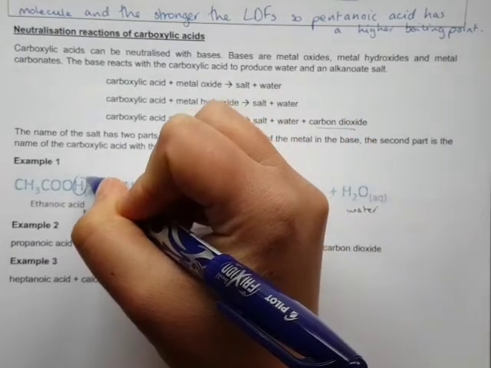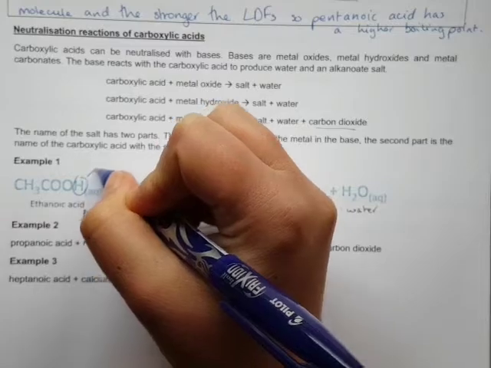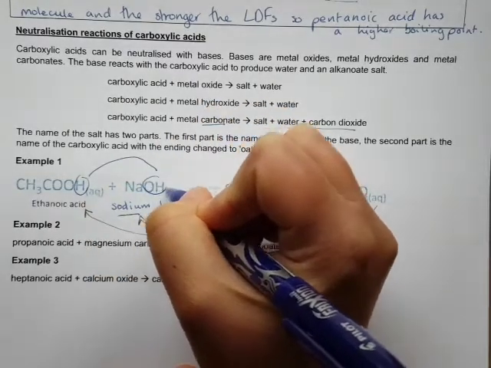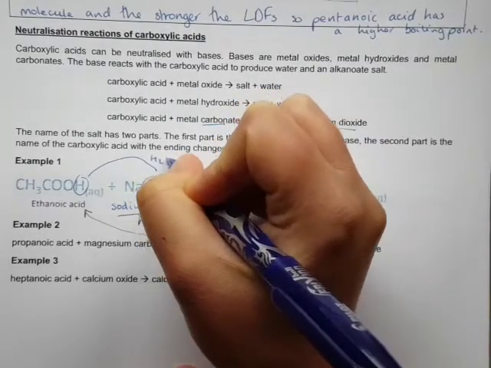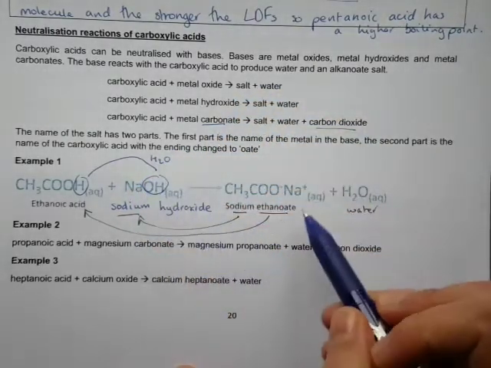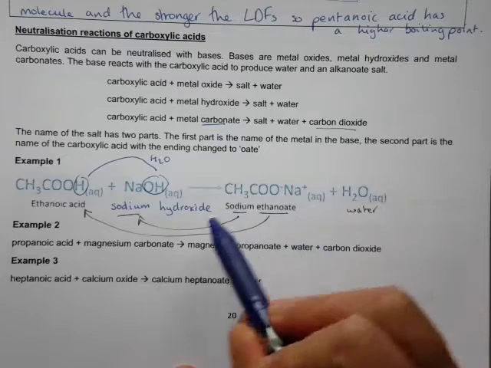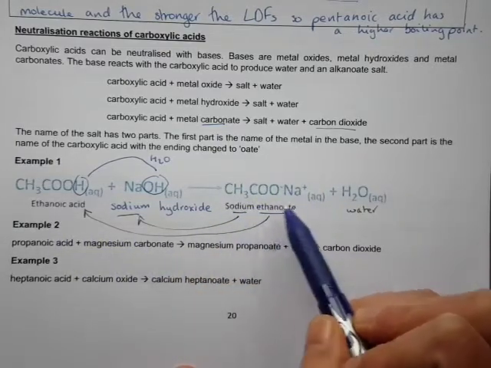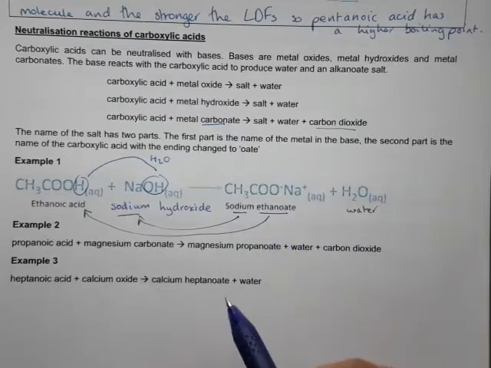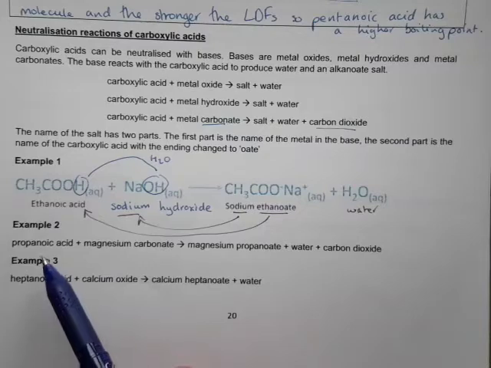So the H plus ion is going to combine with the hydroxide ion in the base here, and that's going to give you water. So that's where the water is coming from, and what you're then left with is a sodium ion and an ethanoate ion. But if we were to evaporate off the water, we would be left with the salt, sodium ethanoate.